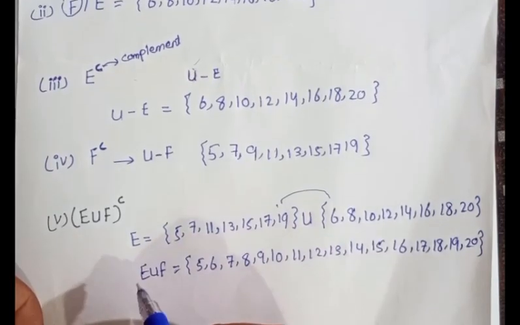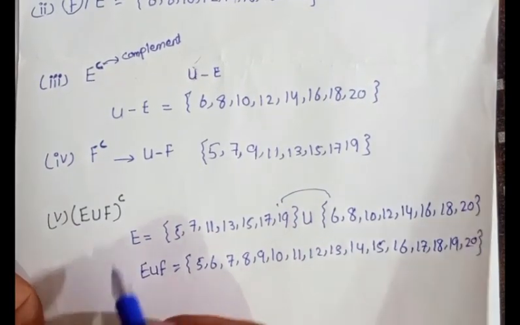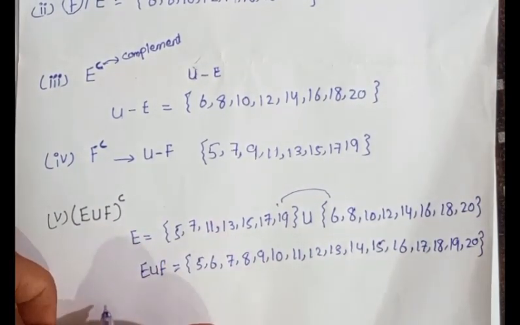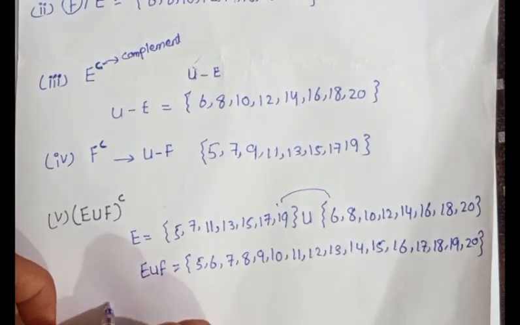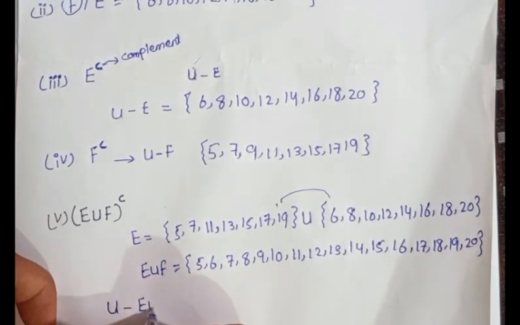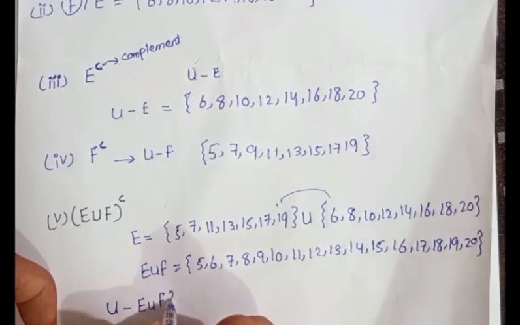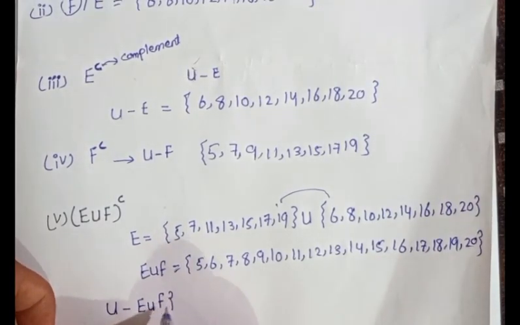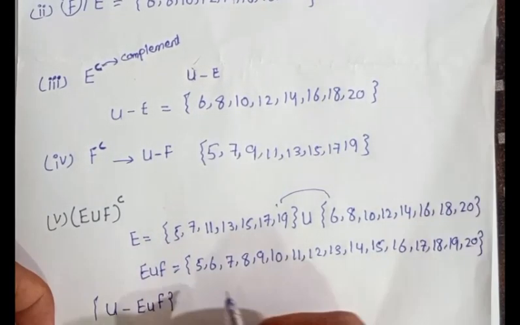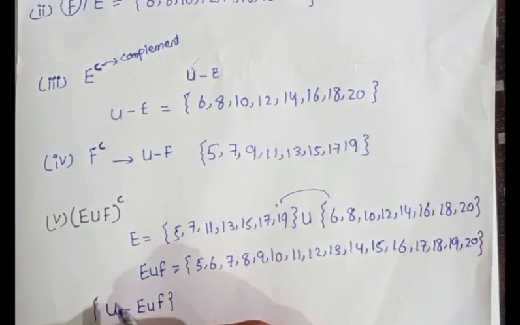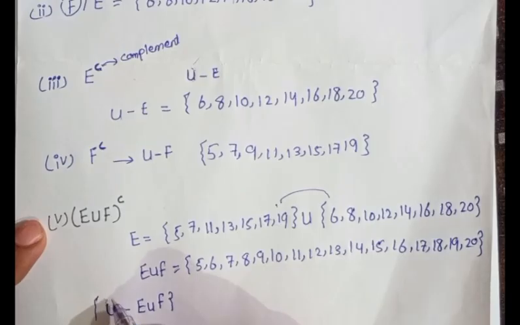Now I will find the complement. For finding the complement, I will use the universal set minus E union F. As you know, the universal set is the set of natural numbers from 5 to 20.